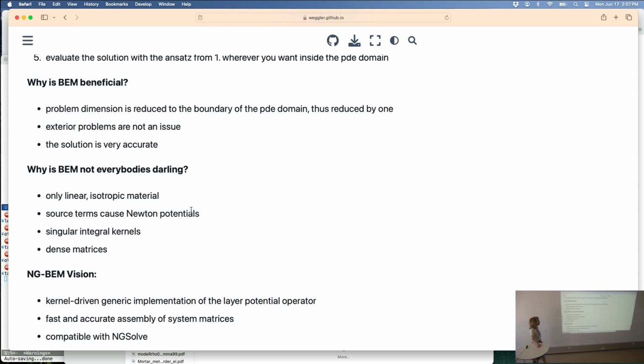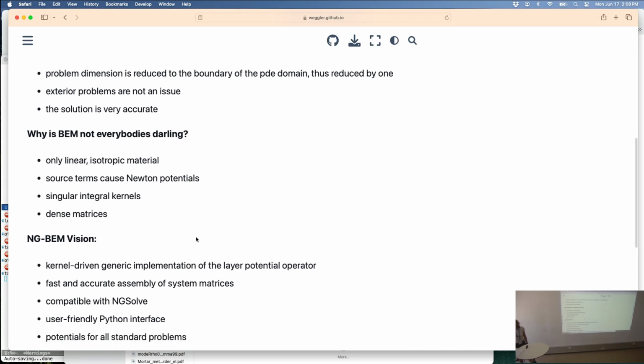So you have to deal with singular integral kernels. And the fourth point, different from FEM, you don't have sparse matrices, but dense matrices. Those two points are, from a numerical point of view, well known. And of course, there are solutions to that.